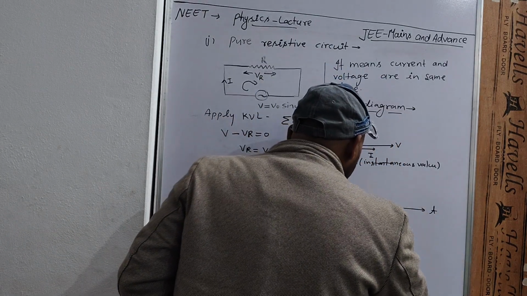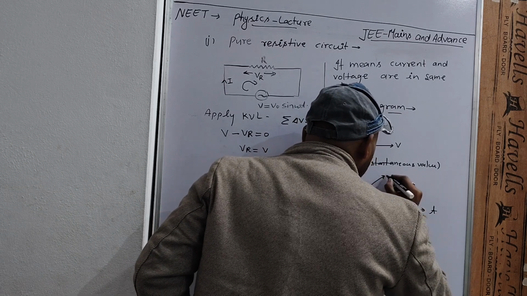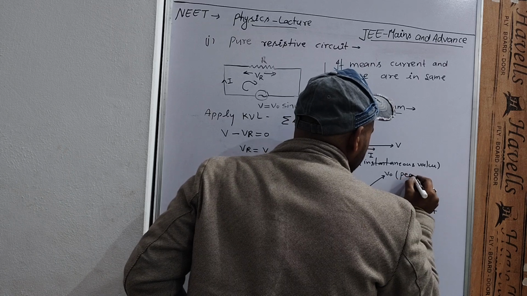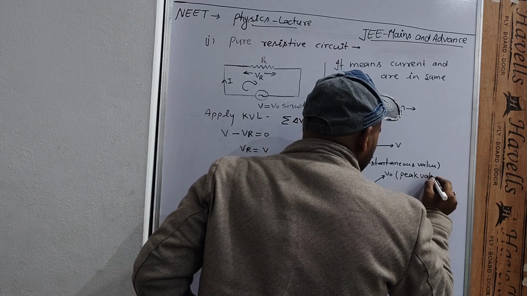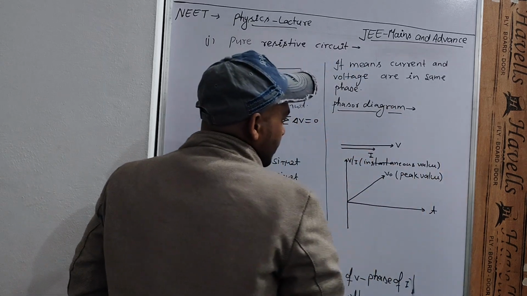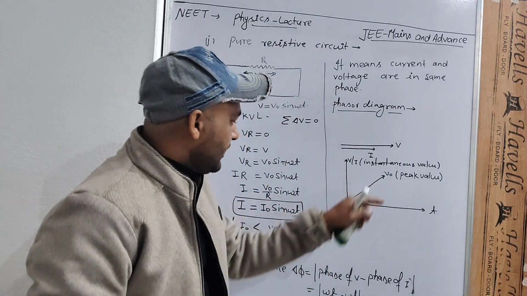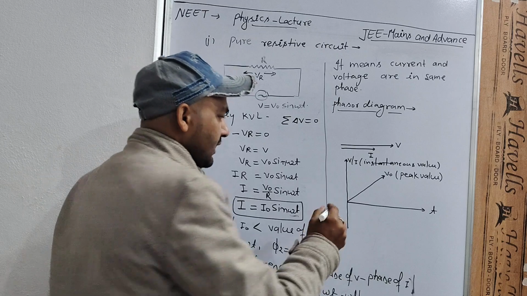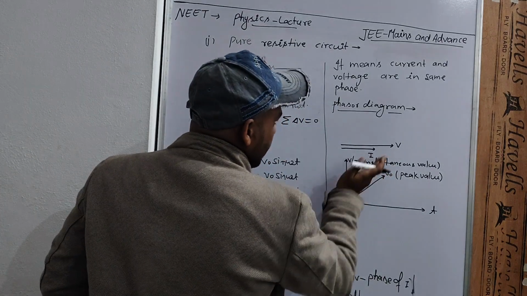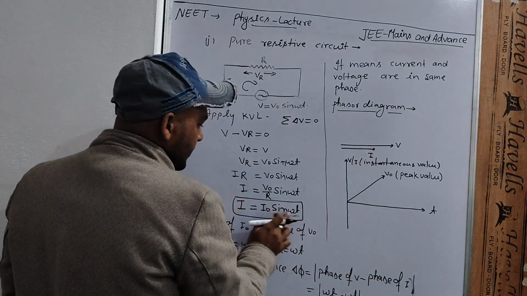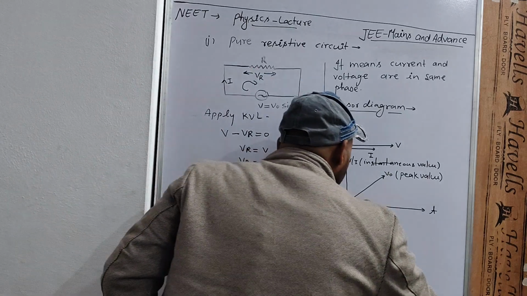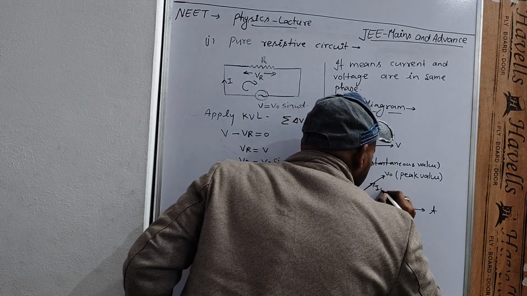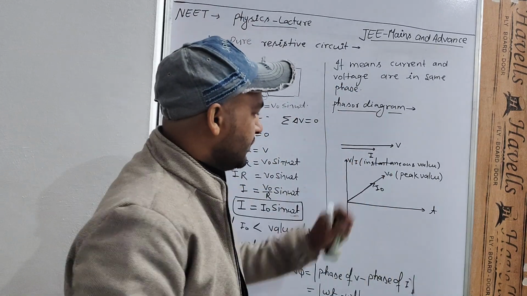And suppose this is the peak value of voltage, and we know very well the value of I naught will be less than the value of V naught. Hence, because voltage and current both are in same phase, the peak value of current is also along this, which is somewhat less than the value of V naught.